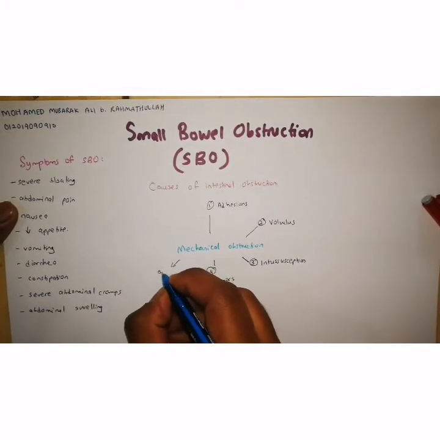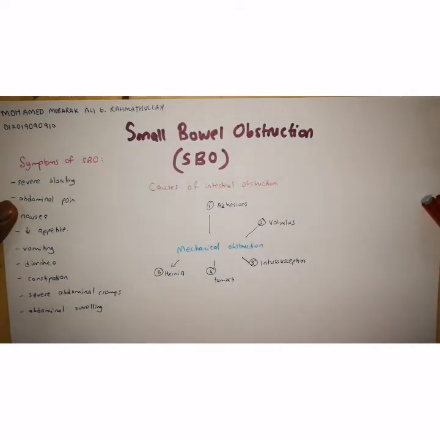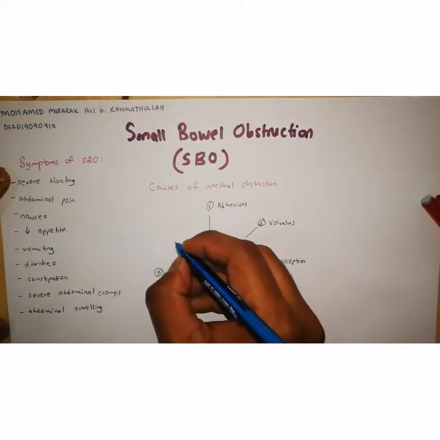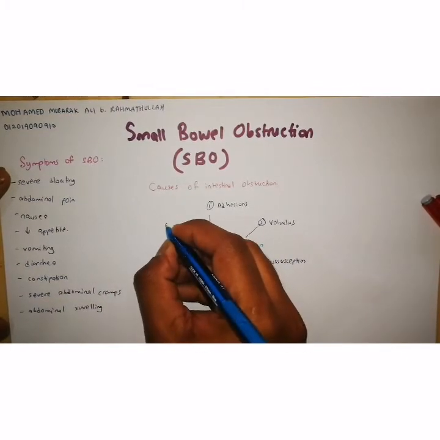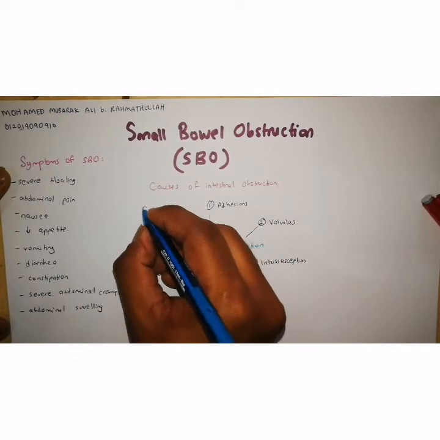Next we have hernia. Hernias involve a portion of your intestine protruding outside of your body or into another part of your body, or any inflammatory bowel disease such as Crohn's disease.